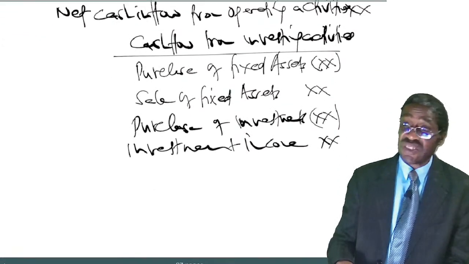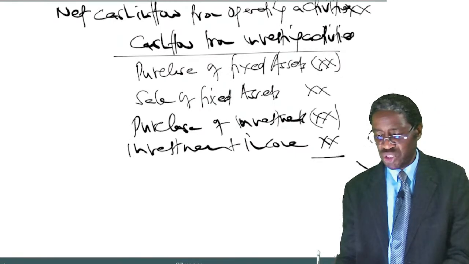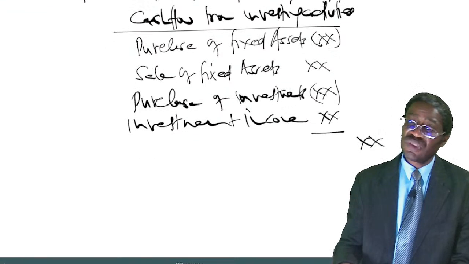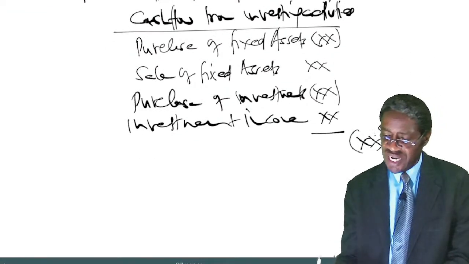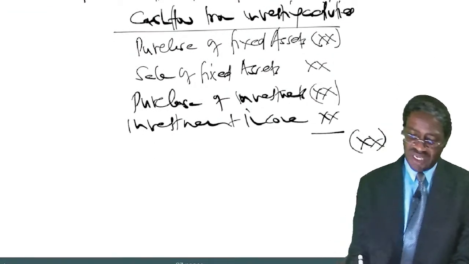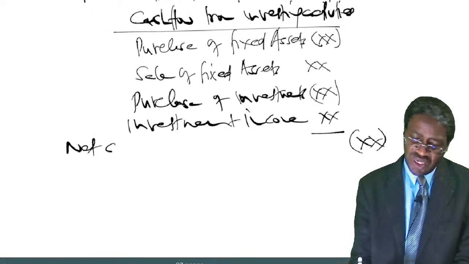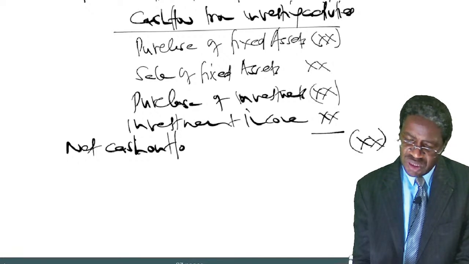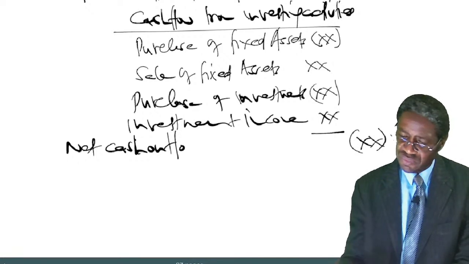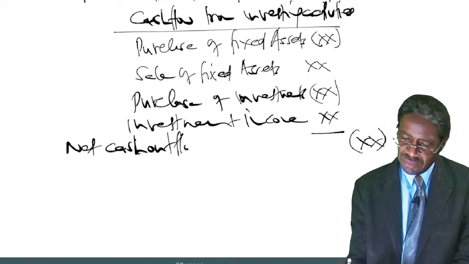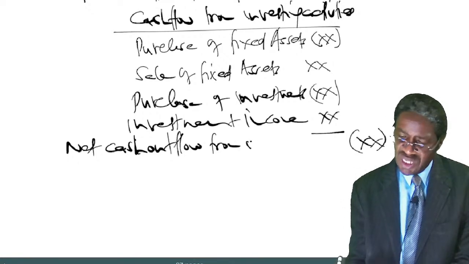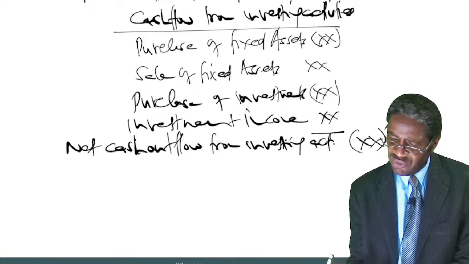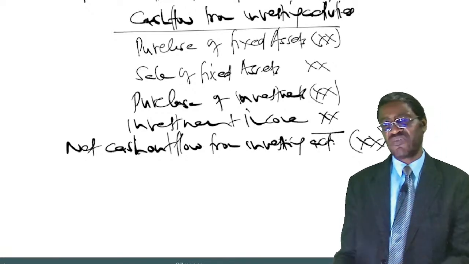From your investing, get the net, push it to the extreme. I want to assume that the net is a negative now. If it's a negative, we have said call it net cash outflow from investing activities. Net cash outflow from investing activities.